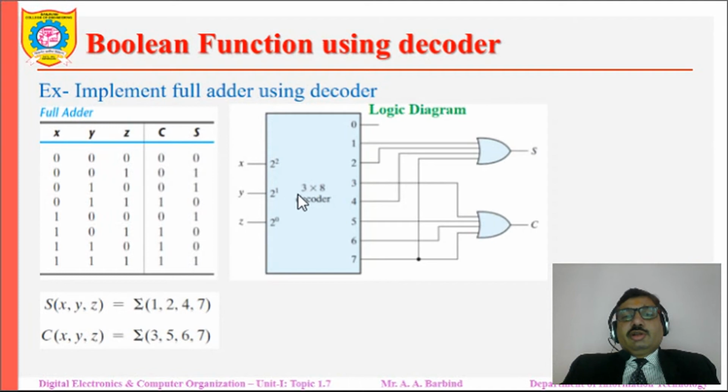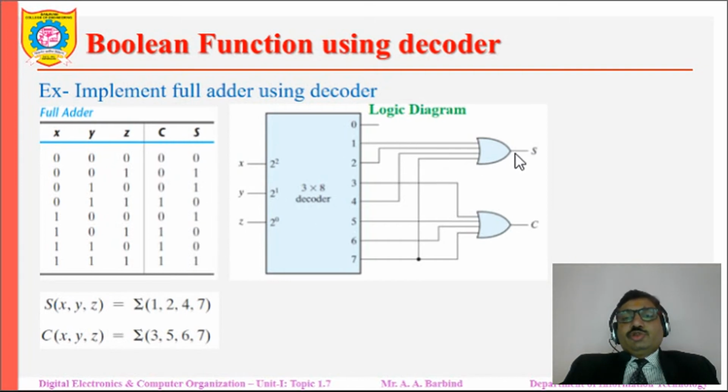Because there are three inputs, we take a 3 is to 8 decoder, and the X, Y, Z inputs are given to the inputs of that decoder. Then by using OR gates we derive the outputs, carry and sum.